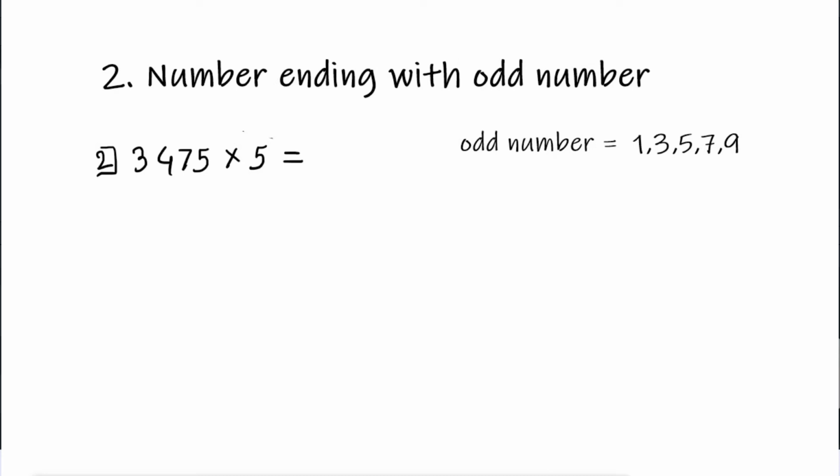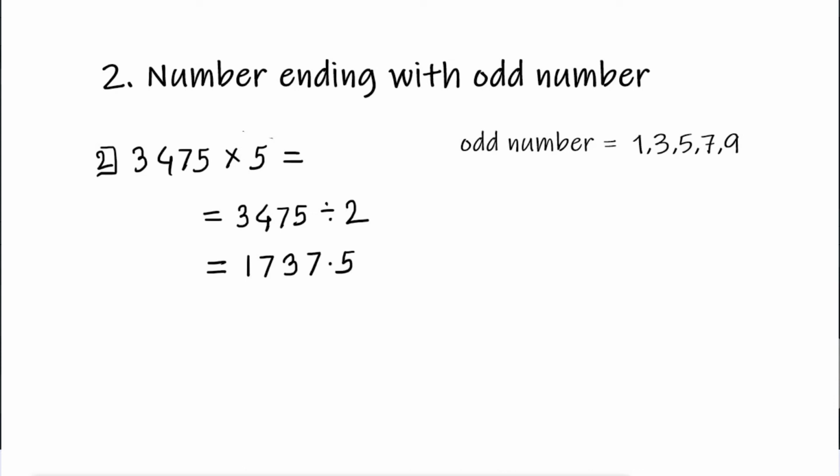Let's take one more example: 3475 multiplied by 5. This number is odd because the last digit is 5, and 5 is an odd number. First step: divide the number by 2. 3475 divided by 2 is 1737.5.